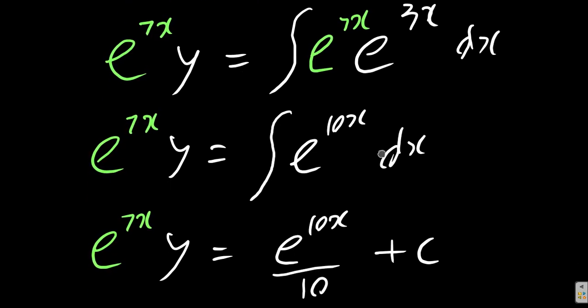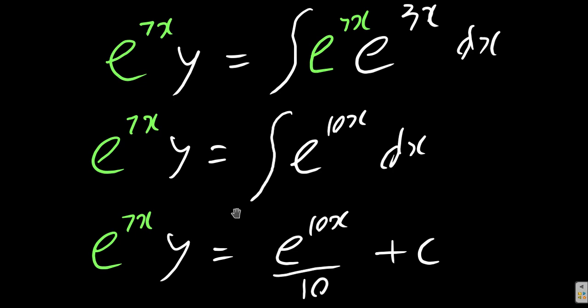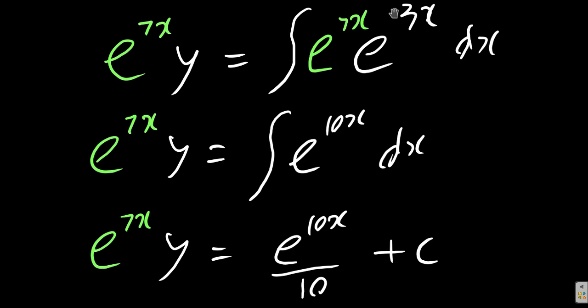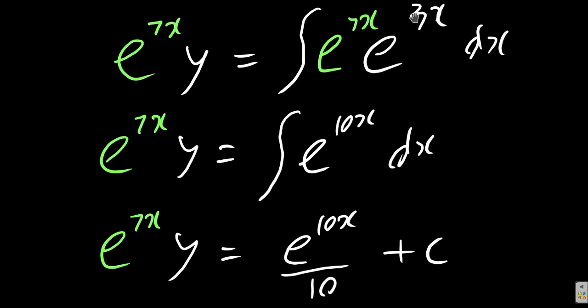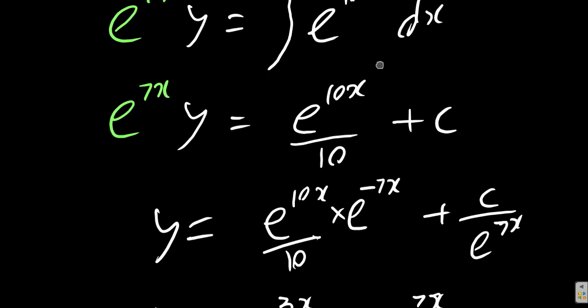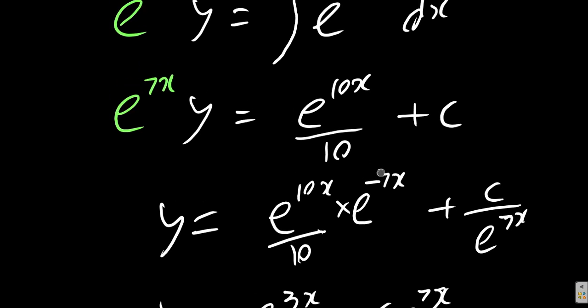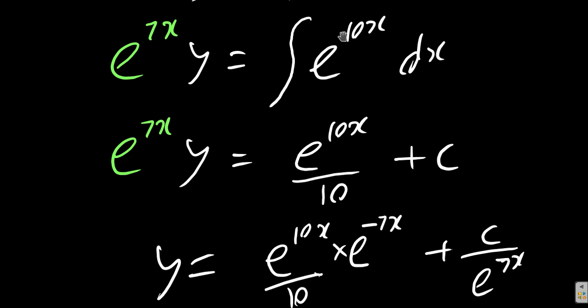So when we work it out, we have e to the 7x y equals integral of e to the 10x dx when we add the indices here. And we work out what the integral of e to the 10x is, and we know that it's e to the 10x divided by 10 plus c.